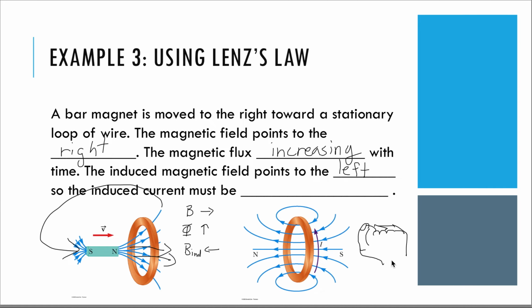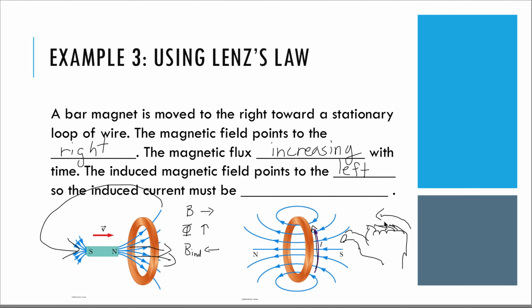So you can see I was trying to create a fist. You can see that my fingers are curling this way. And then right hand rule number 2 says that the thumb points perpendicular, this way. Again, not the best picture, but hopefully you can see what I'm trying to do here.